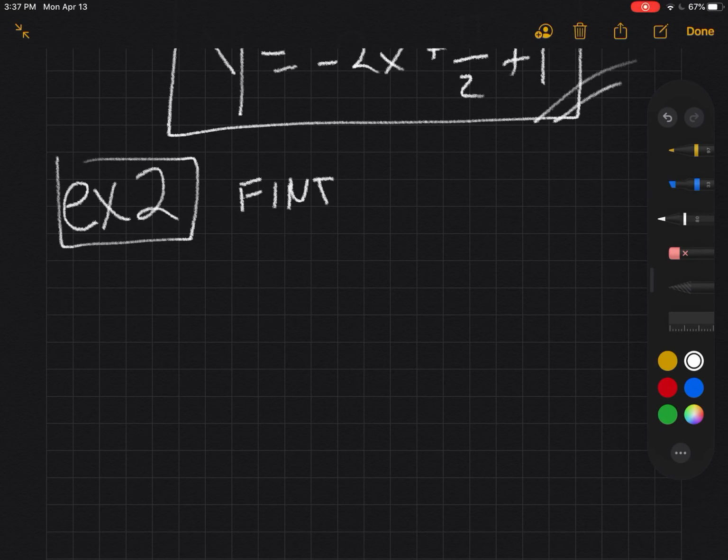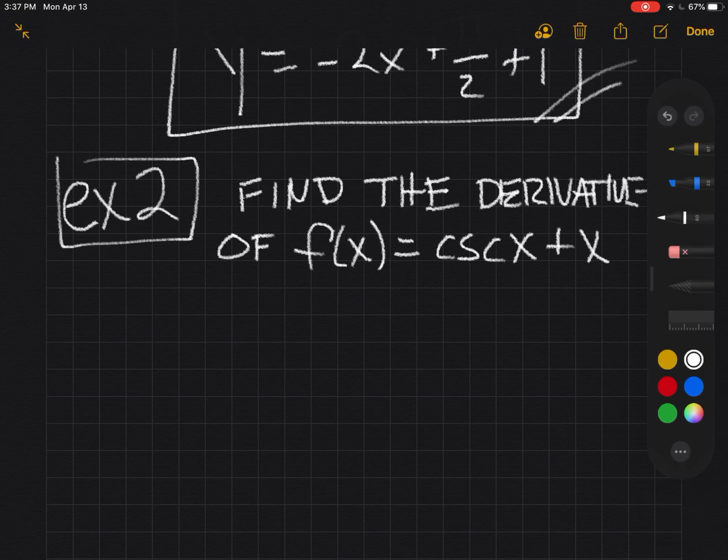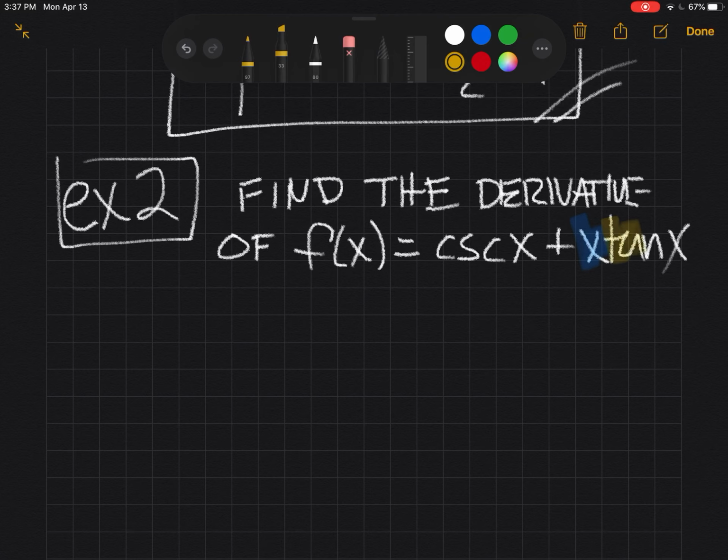So that was our first example. I'm going to do another quick one that involves some trig functions, and also it involves the product rule. So I want us to find the derivative of f of x equals cosecant of x plus x tan x.